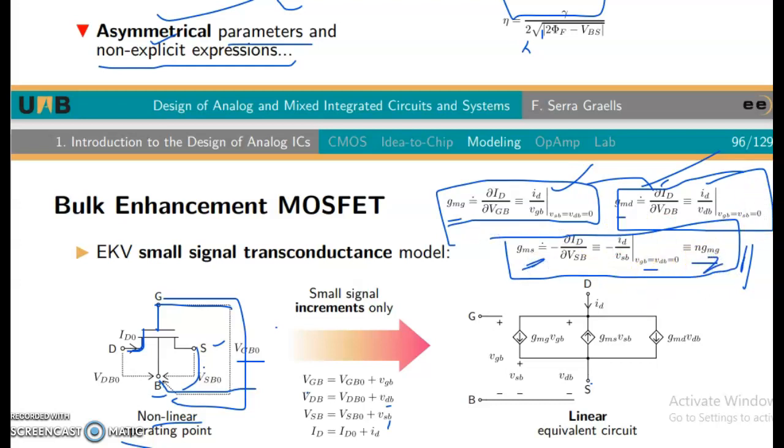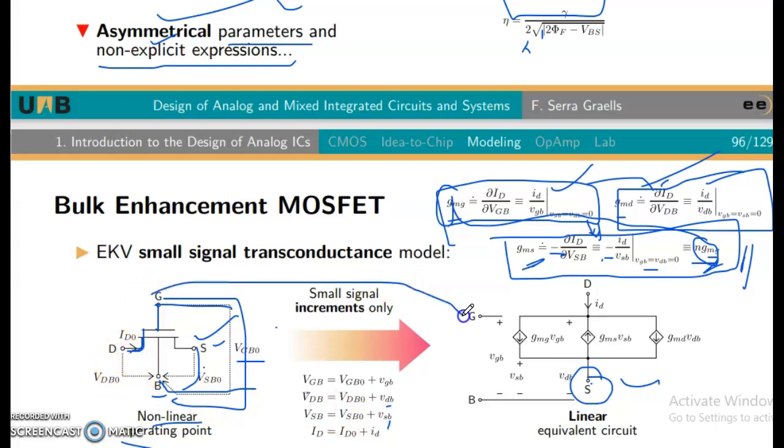Okay, here GMG, that is what? Multiply with the number n, that's all, that is equal in value, but here negative, the source is always negative. Here what is positive?